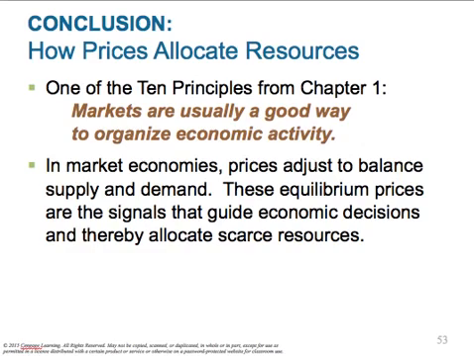These equilibrium prices are signals that guide economic decisions of buyers and sellers and thereby allocate scarce resources. Again, those scarce resources are time, our money, our inputs, whatever we have limits on. In the textbook, the conclusion of this chapter offers some very nice elaboration on the second bullet point, so I would highly recommend you take a look at that. Again, the reading is paramount in this course.